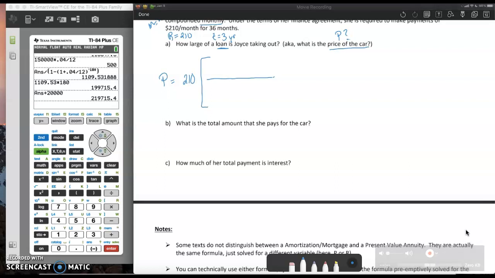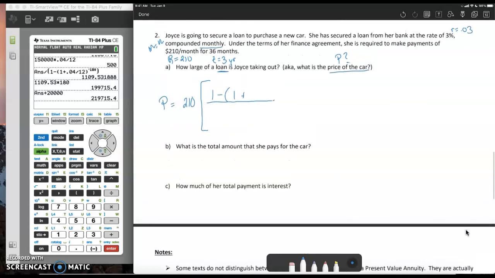And then inside there, I've got on the top 1 minus, open a smaller parenthesis, 1 plus, so let's see, the percentage here is 3%, so 0.03, compounded monthly, so then to the negative, and then it's M times T, so negative 12 times 3 on the top, and that's everything that's on the top, and then on the bottom we've got the rate of 0.03 divided by the 12 again.